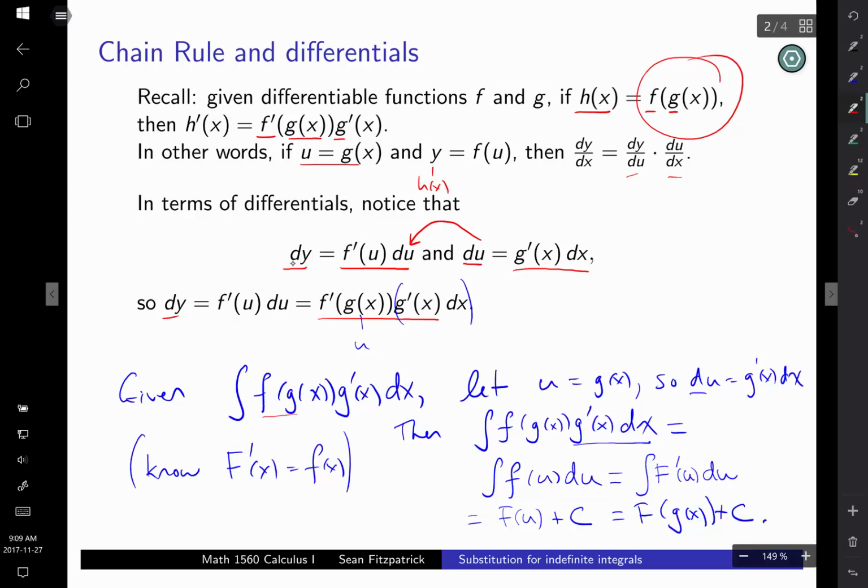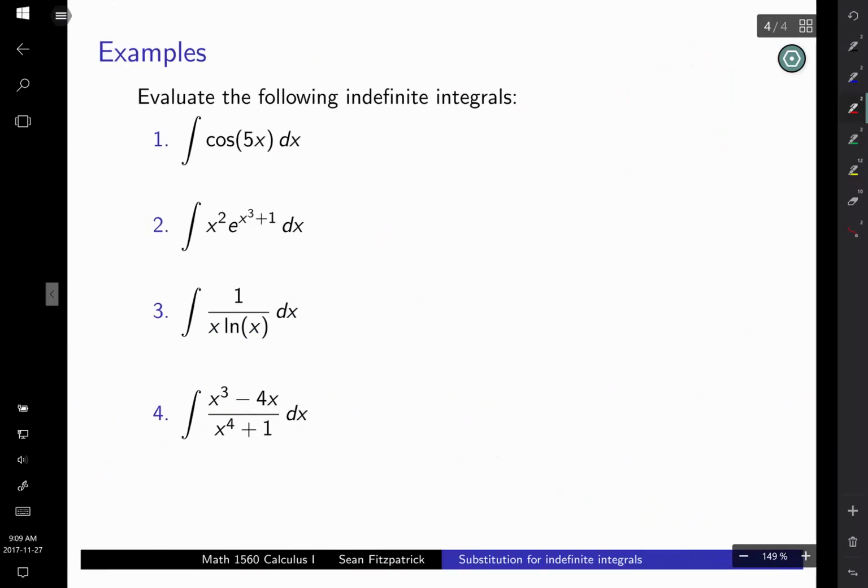So when we see this f composed with g, that's our clue that maybe there's a substitution we have to do. The other thing that you hope you see once you identify that composition is that the derivative of whatever is inside that function is sitting somewhere else in your integral so that you can make the substitution.